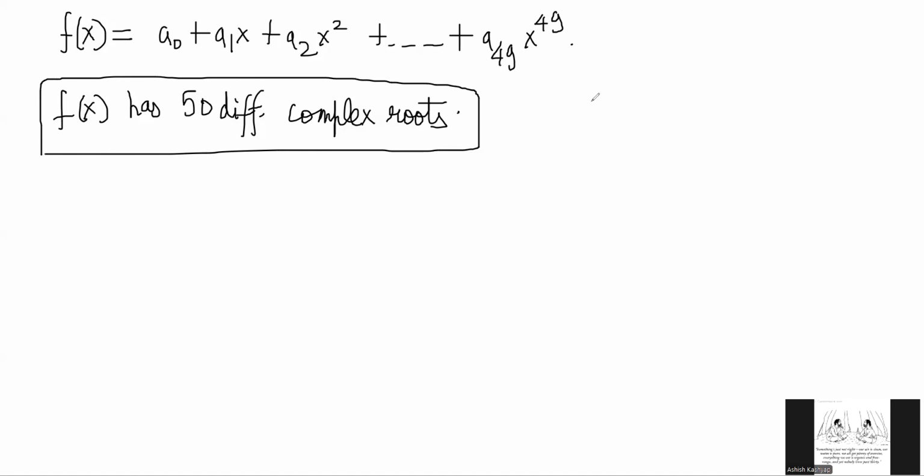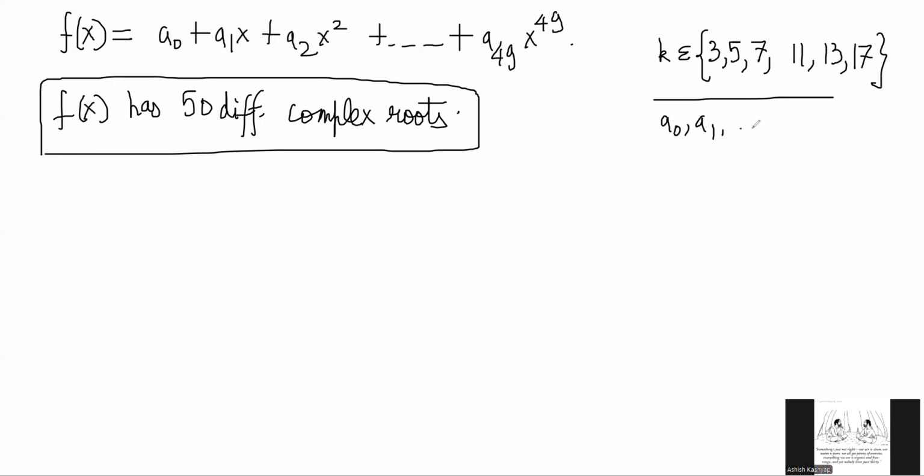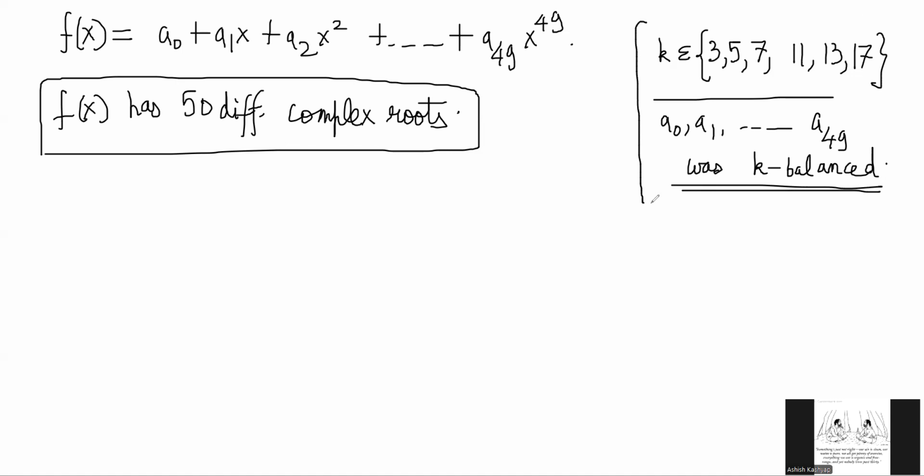However, now we have to think of the condition given in the problem. For k belonging to the set 3, 5, 7, 11, 13, and 17, the sequence A0, A1 till A49 was k balanced. That was given to us, right? So how do we use this condition?